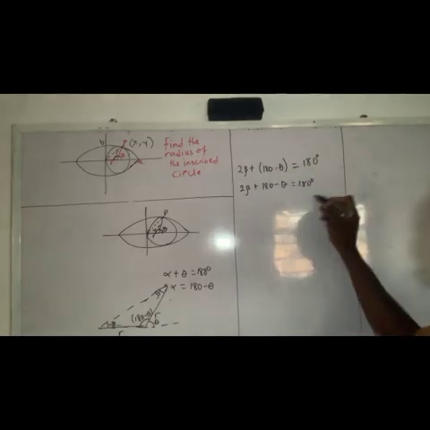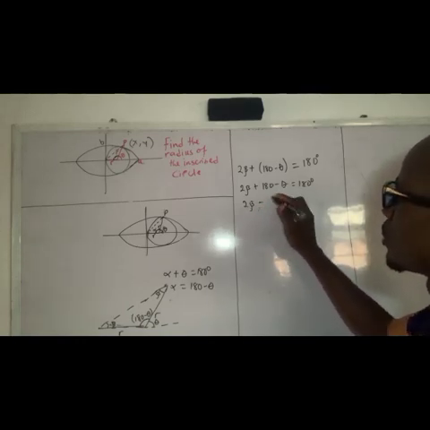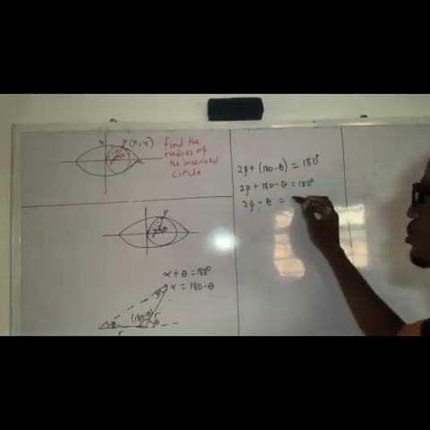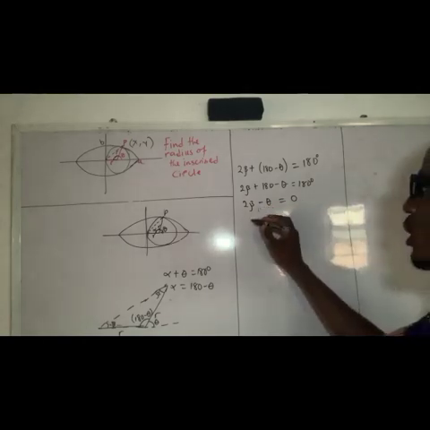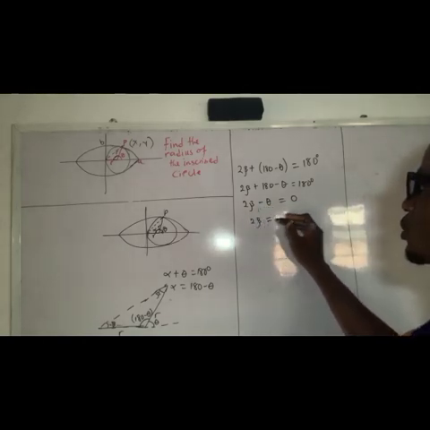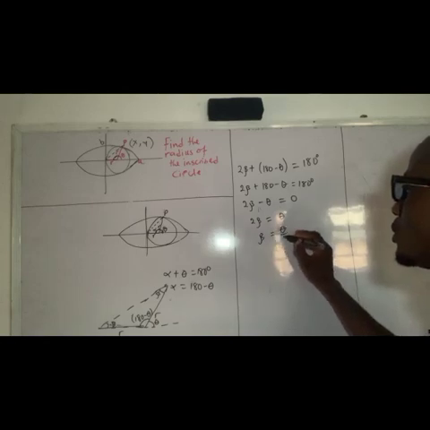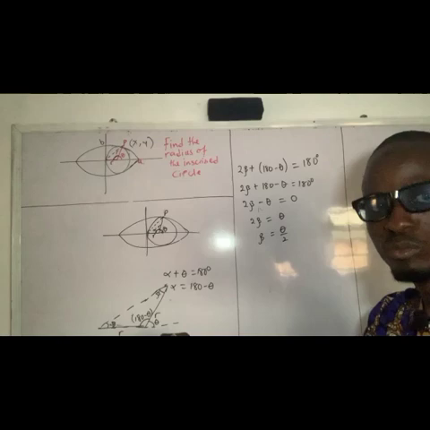If I bring my 180 over, I'm going to have 2 beta minus theta equals 180 minus 180, which is 0. Bring my theta here, I'll have 2 beta equals theta. So beta is going to be what? Theta over 2.